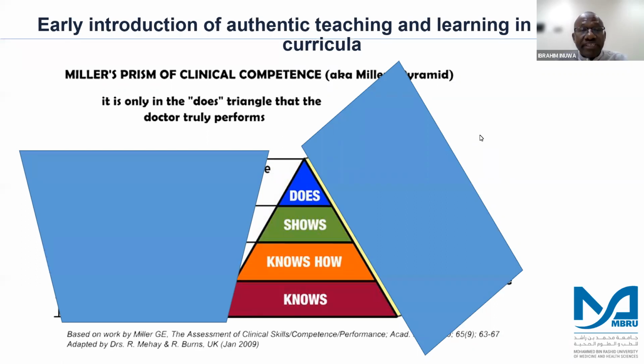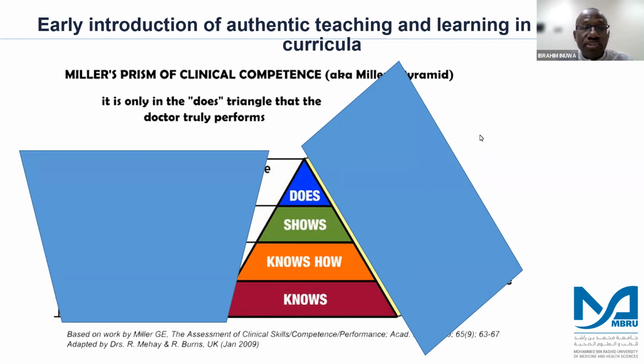And we find out if they have learned it by asking them to show us, just like we have trained them. And ultimately, what we would like them to do is, when they are in the clinical setting, they should be able to perform that role of an intern, to use whatever we have taught them, either put in their brain in form of knowledge, or what we have taught them by showing them how to do it, so that they will be able to put them together and perform the job of an intern.